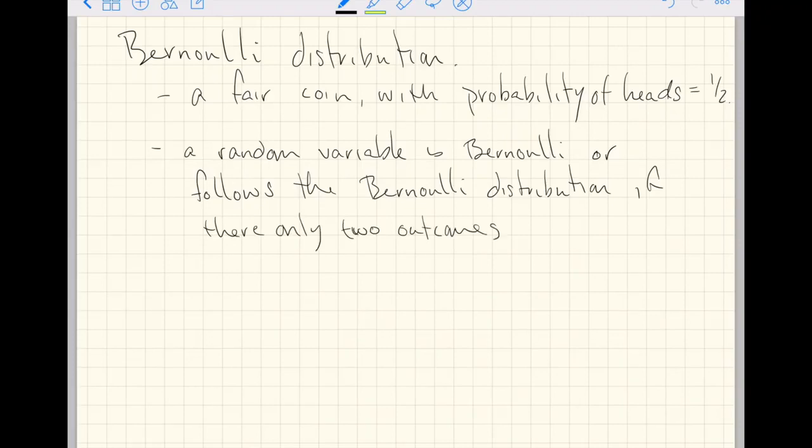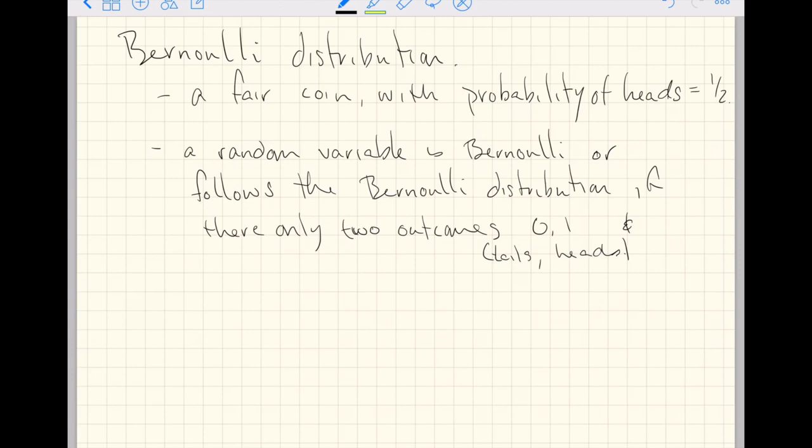Now to generalize for the Bernoulli random variable, we don't say there's just heads and tails, we say there's outcomes 0 and 1. And we often associate that with, in order, tails and heads. So that tails is 0 and heads is 1. That's just kind of a custom in the world of statistics. There's no real reason behind associating 1 with heads.